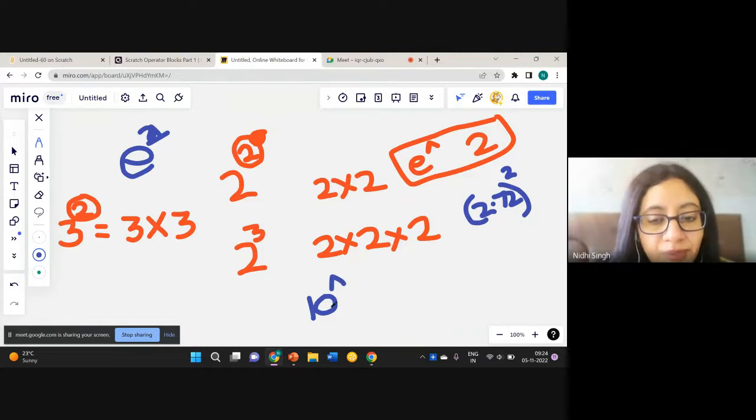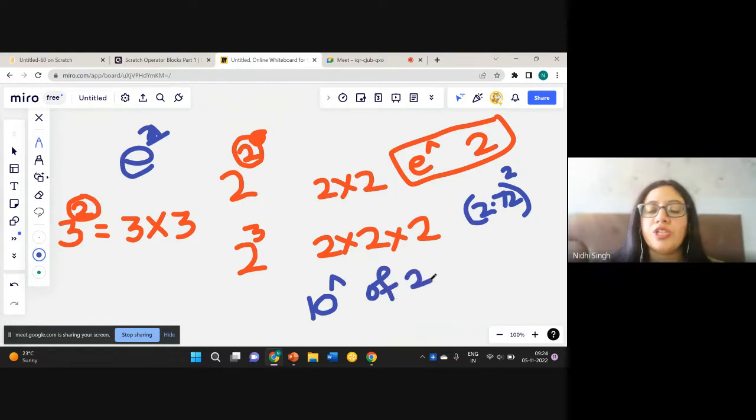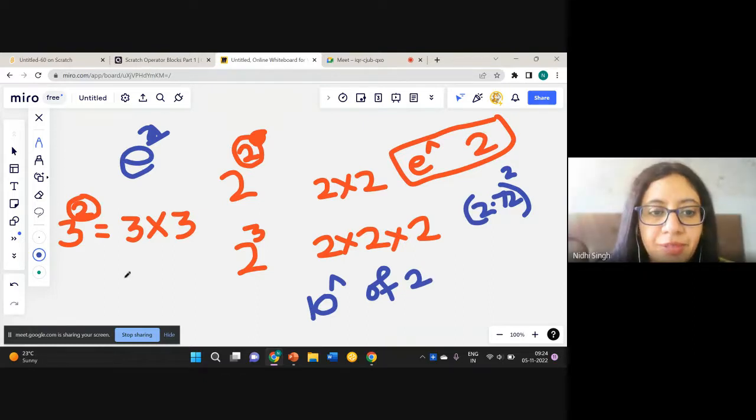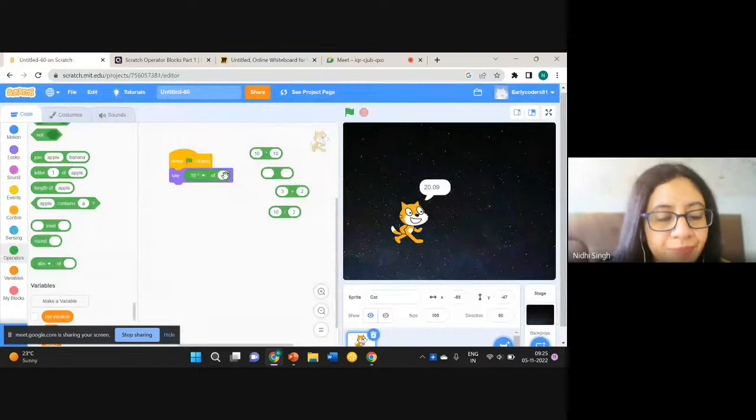So if I am saying 10 with power of 2, then how will I do the calculation here? Ma'am, 10 two times. That means we will be multiplying 10 two times, 10 multiplied by 10, and the answer will be 100. So here all values will come as 10, 100, 1000. Why?